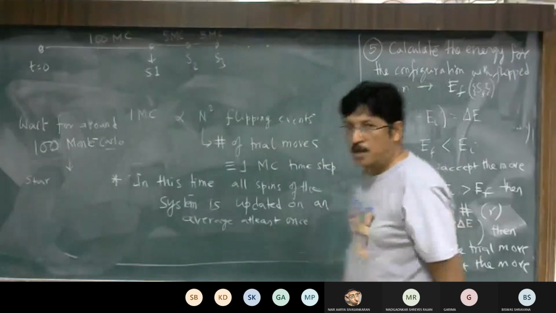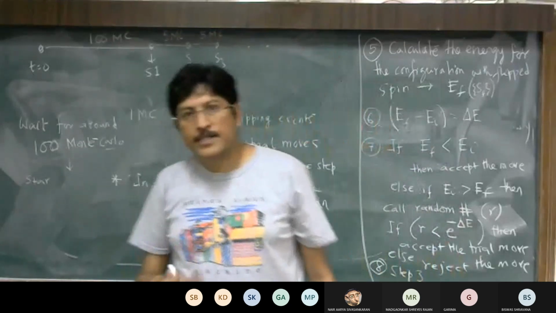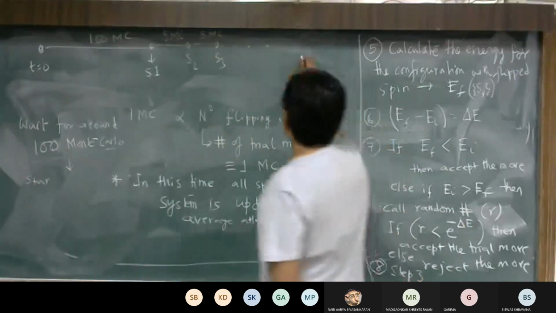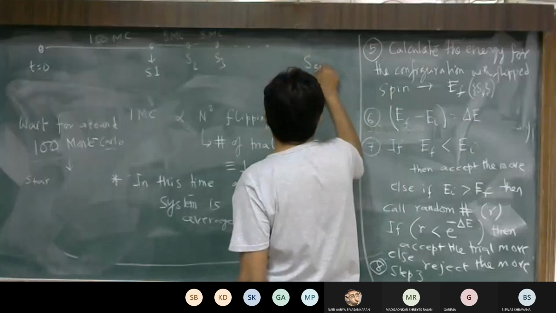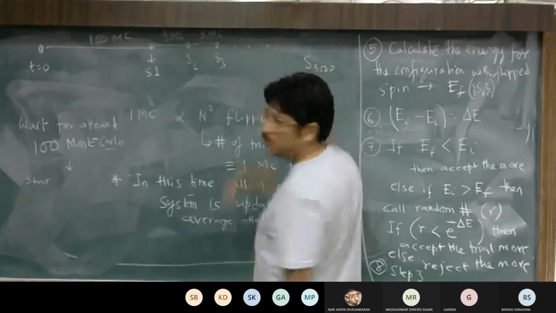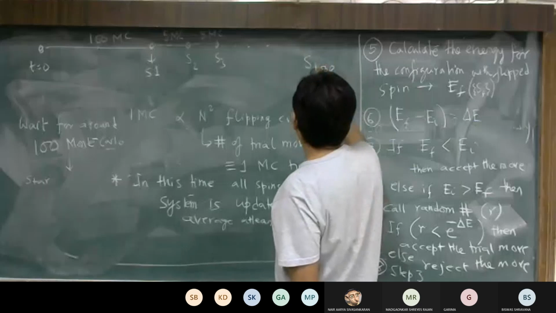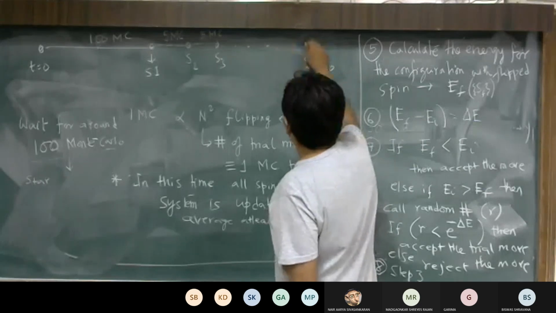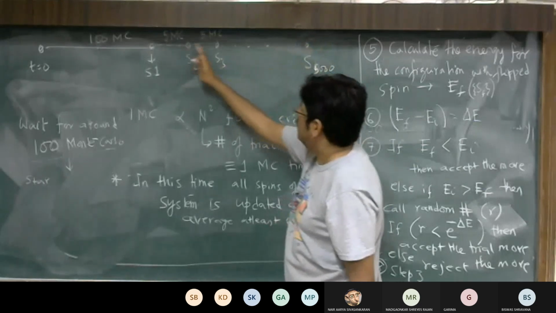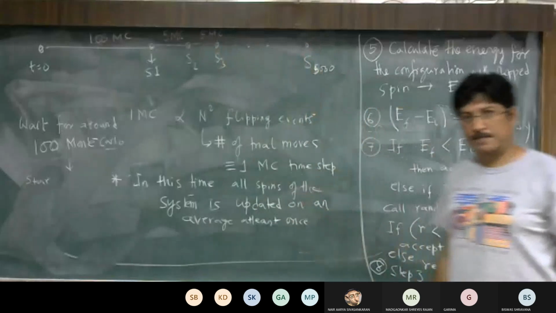If you want a reasonably good statistical estimate, you take at least 5,000 samples, or at minimum I would say at least 1,000 samples. So let's say 1,000, but ideally 5,000. So you keep on doing this with a spacing of 5 Monte Carlo time steps.